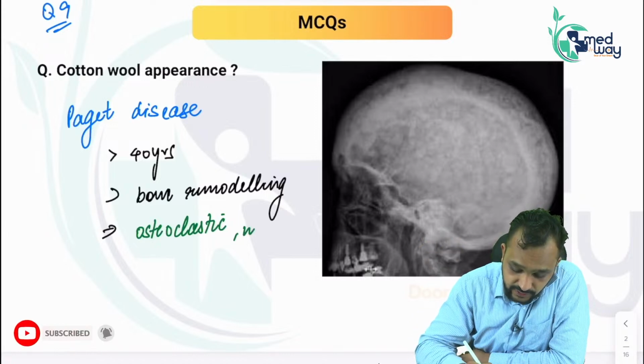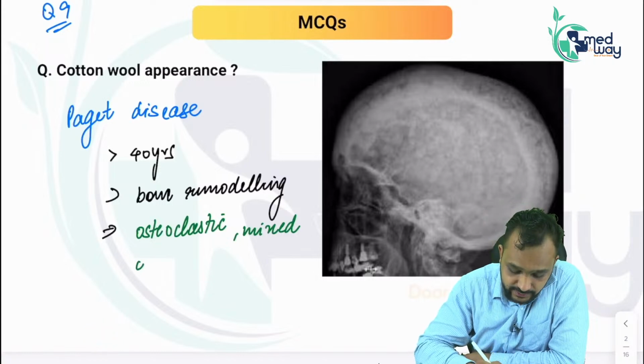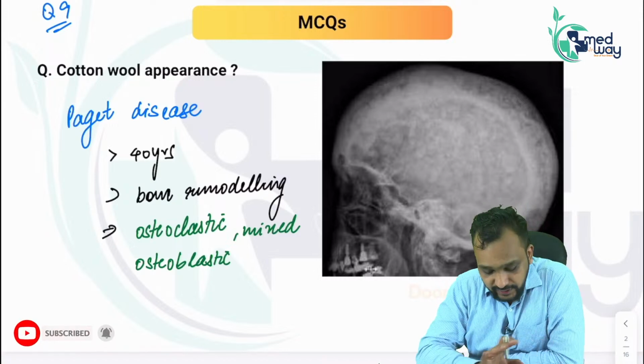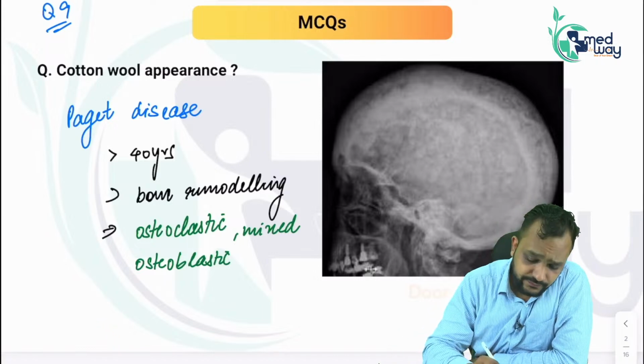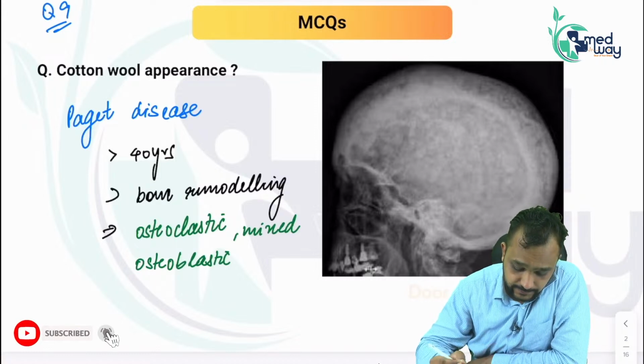Then you have a mixed phase in which there is both osteoclastic as well as osteoblastic reaction, and you have an isolated osteoblastic phase. So in this disease you are going to get various phases, and depending upon the phase, you can have various types of imaging appearances, right?